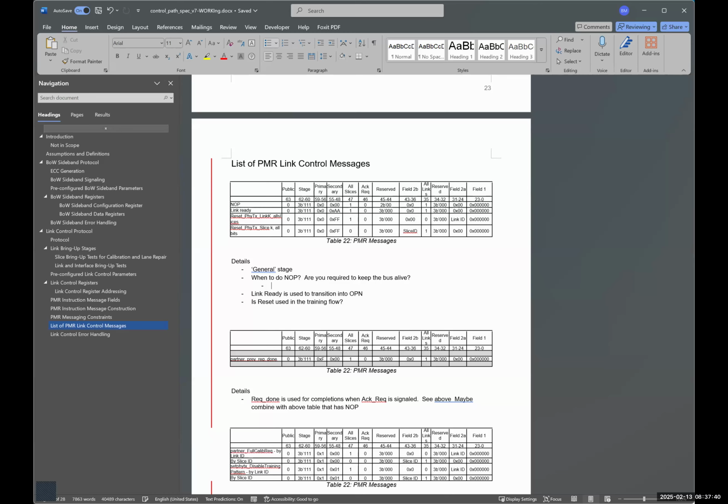The original motive was basically to let the software know, and I don't think we are required to send NOP as a command over the sideband, because sideband is already very slow, so we don't want to send anything that means nothing.